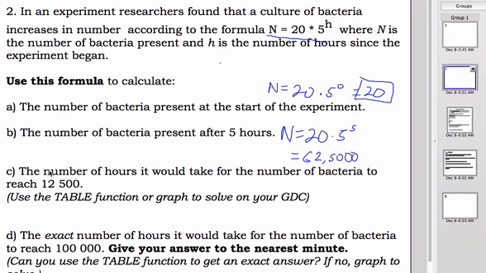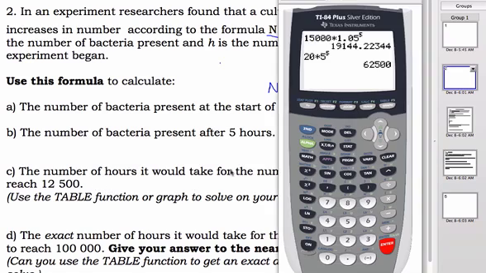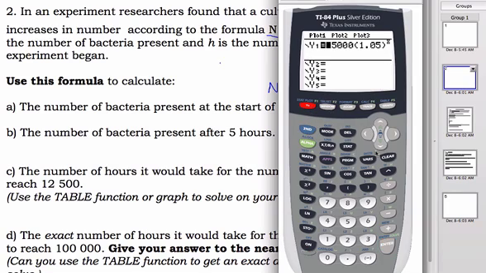Okay, the number of hours it would take for the number of bacteria to reach 12,500. We can use our table. Let's type in the function first, which is 20 times 5 to the power of x, and we go to second function table.